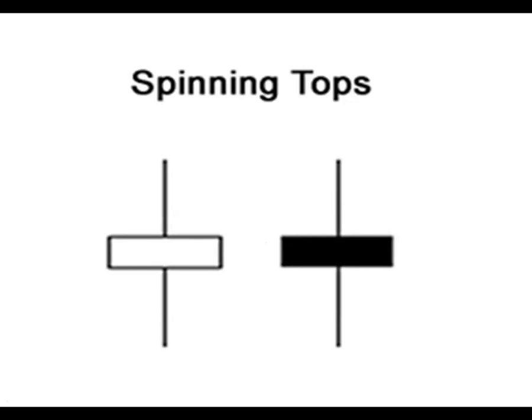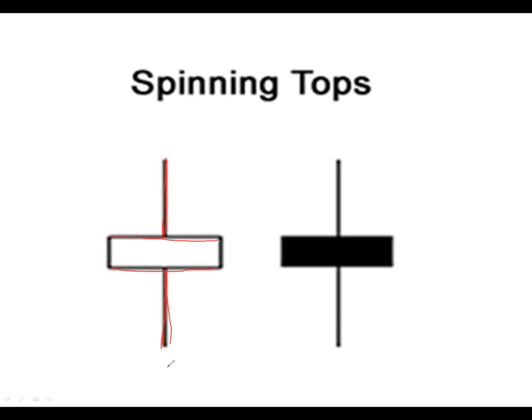Now, with the explanation that came earlier, you will see a very long upper shadow and a very long lower shadow. So there's a long sell shadow and a long buy shadow. By the end of the day, the price closed in between the two, so you see a very small body, equal ups and downs.